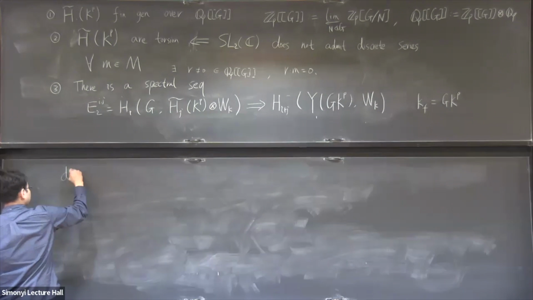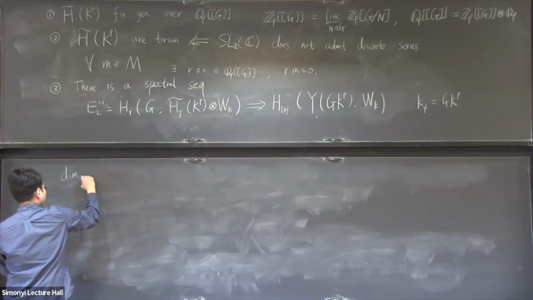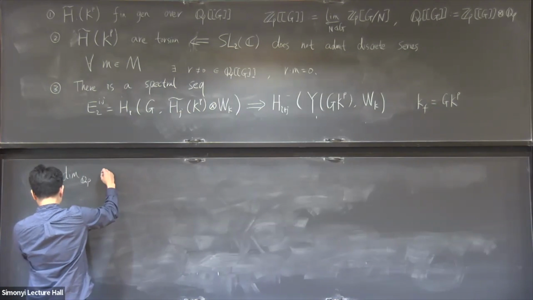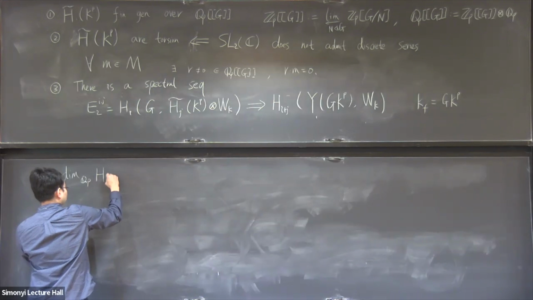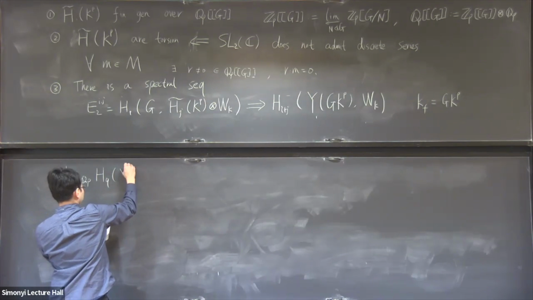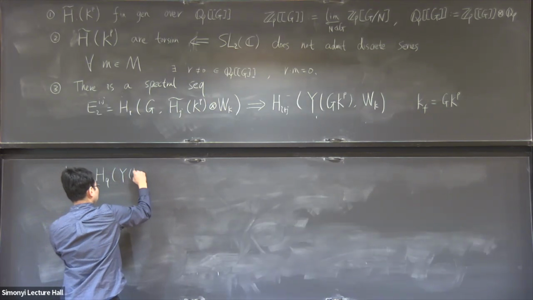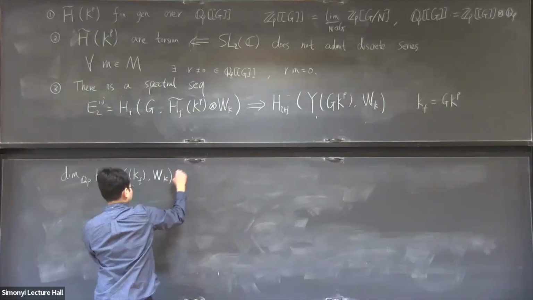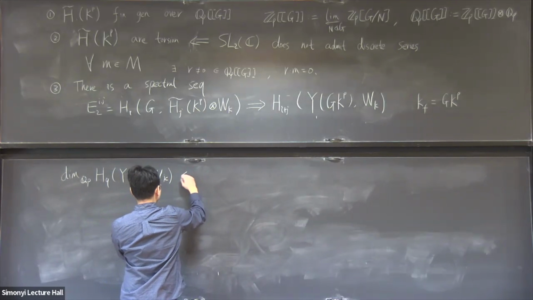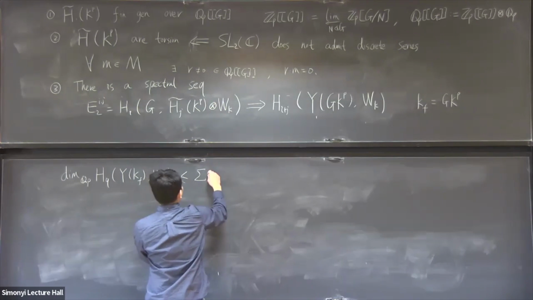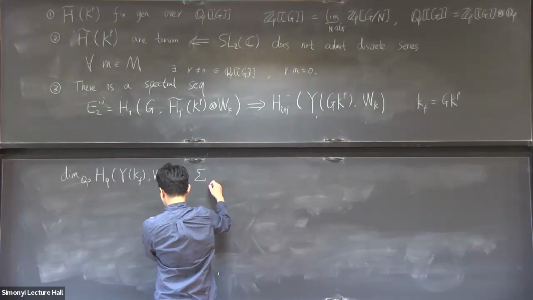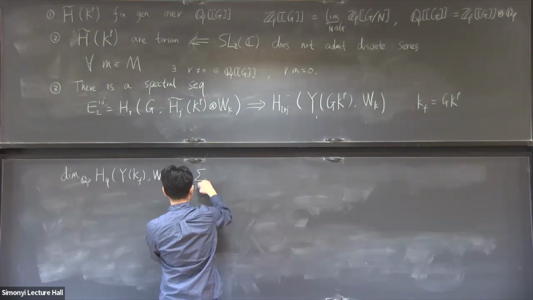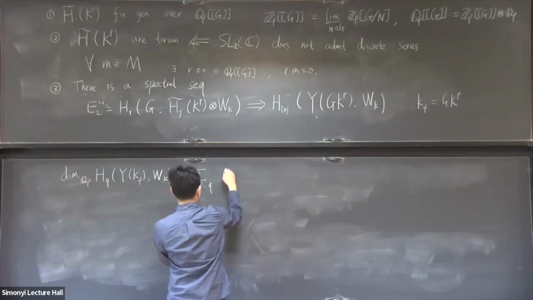So you see that I can bound this usual homology in terms of the sum of the E2 terms, all possible sums.